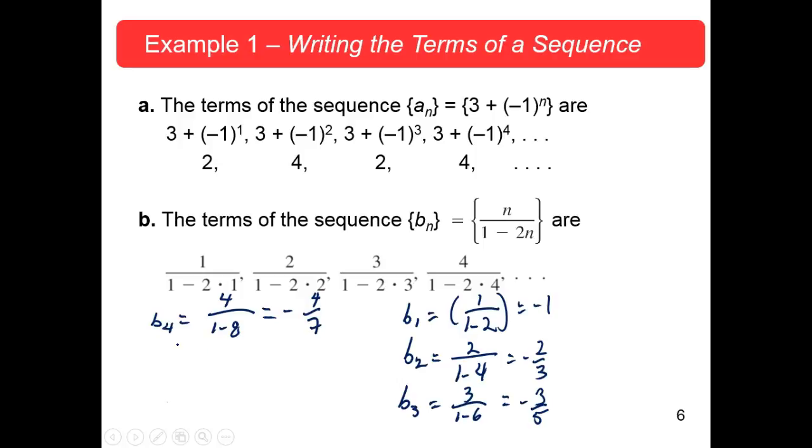Now, anything special about these? Increasing, decreasing? The absolute value is decreasing, which means the negative numbers are actually increasing.